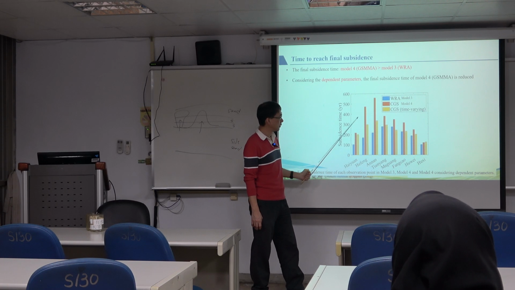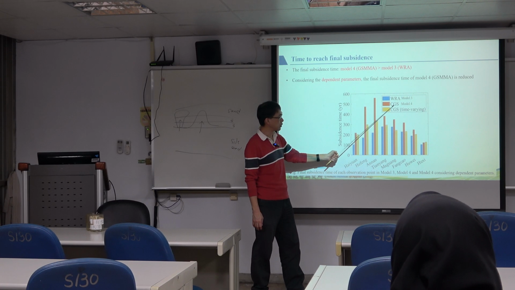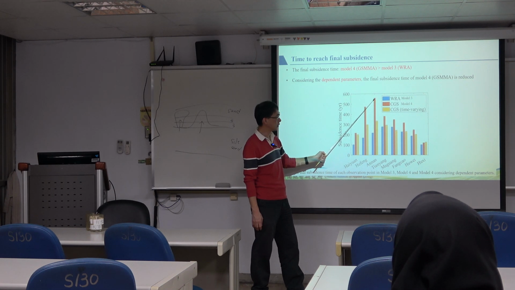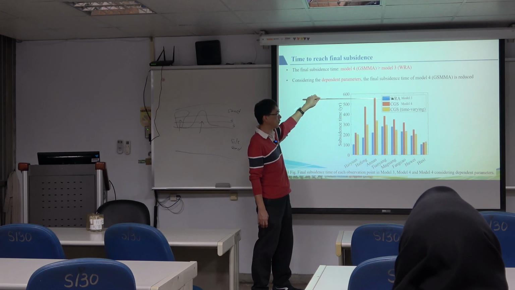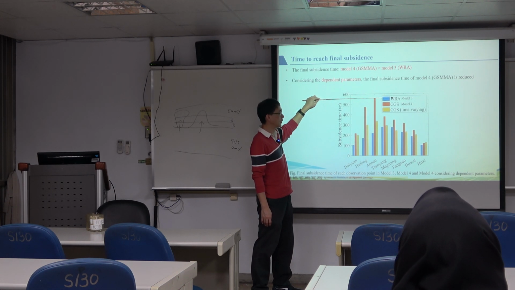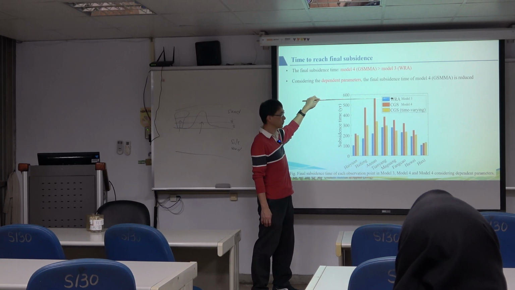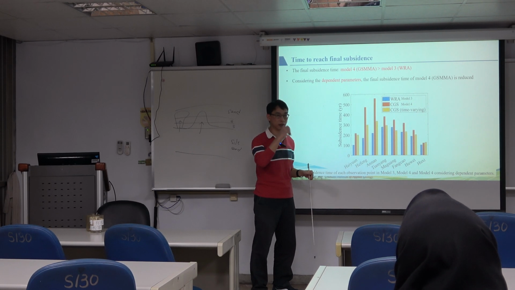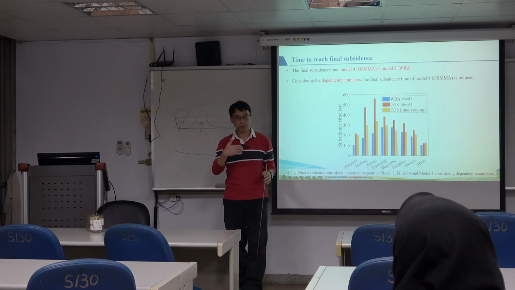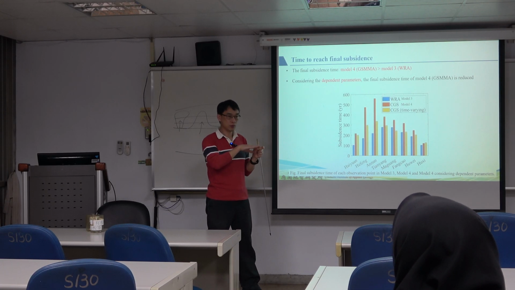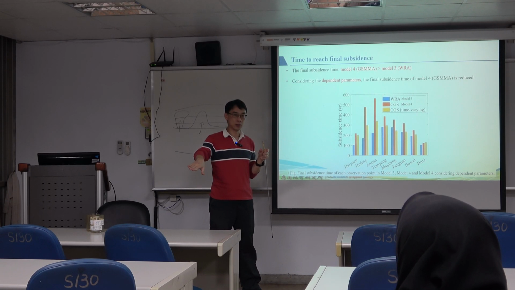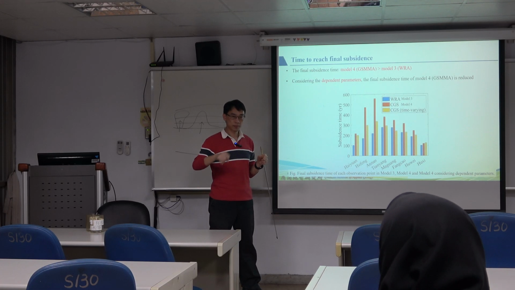Like the CGS models, we can see that they take around 550 years to reach the steady state or final compression. That means even if we do not change any water levels, reaching the steady state needs more than 500 years.